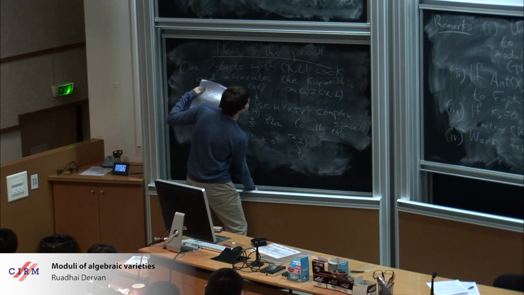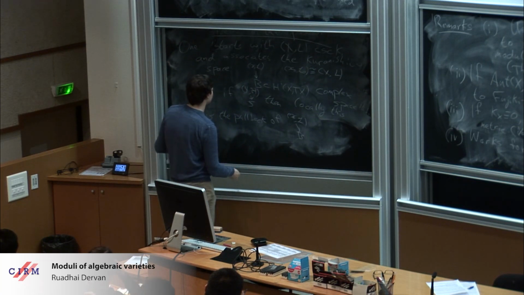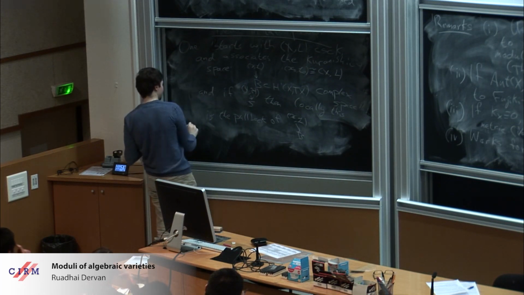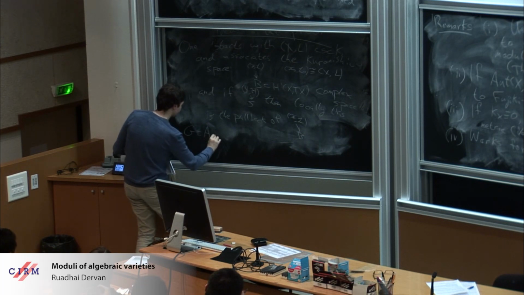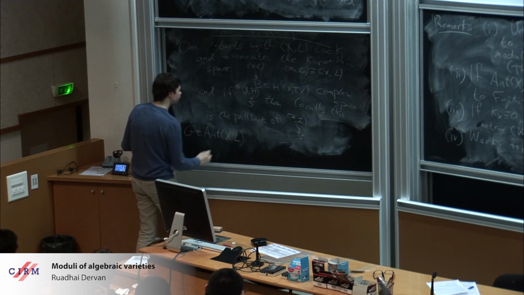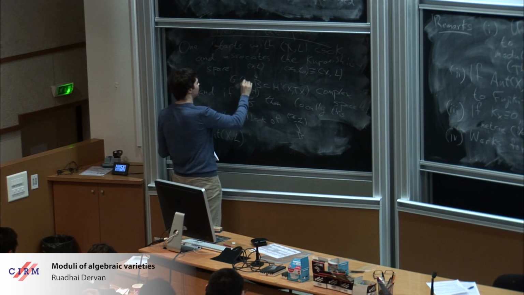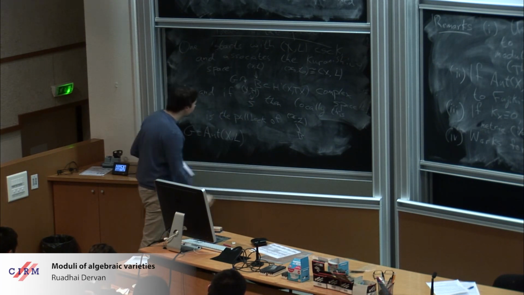Rather than really go into the details, let me just say that if G is equal to the automorphism group, then G actually acts on B, locally at least.